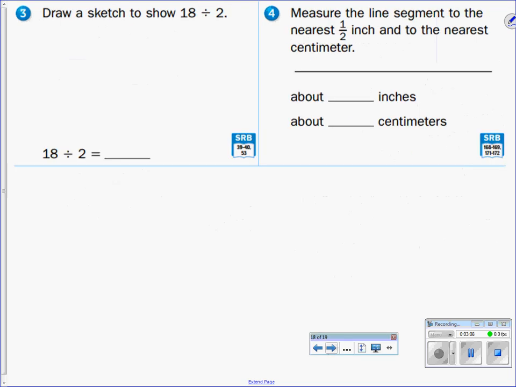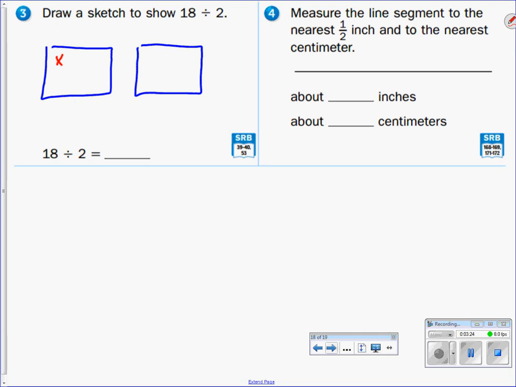On to number 3. Draw a sketch to show 18 divided by 2. Okay, so I'm going to build 2 groups. And I'm going to put 1 in each group until I get to 18.